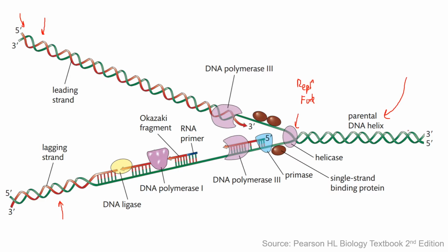This is apparent here because the parental DNA is green, and at the end of this, the strand is half of the old green and half the brand new red. And over here, the other strand is also the same thing. Half of it is the old green, and half of it is the brand new red.